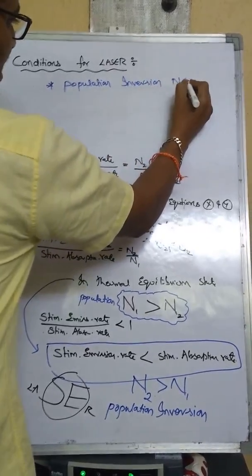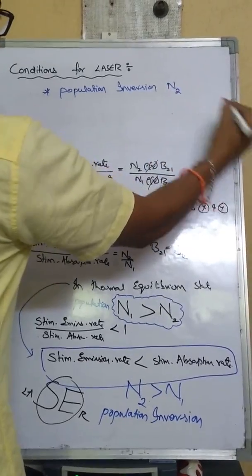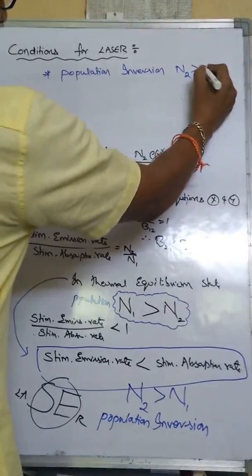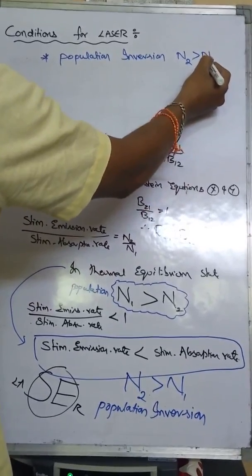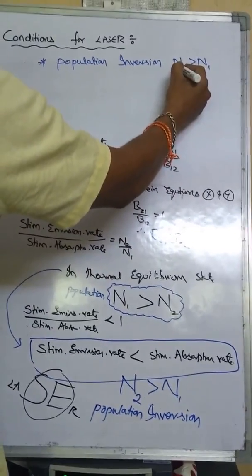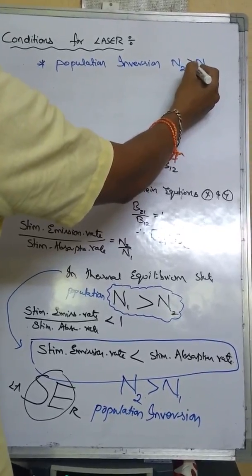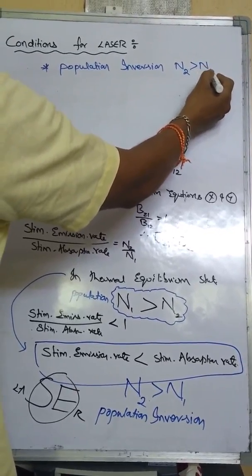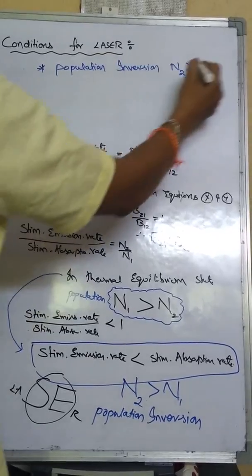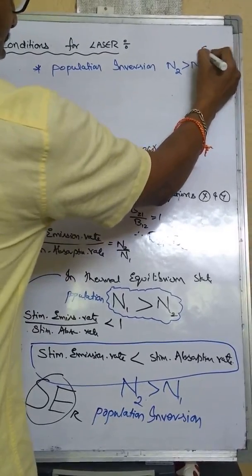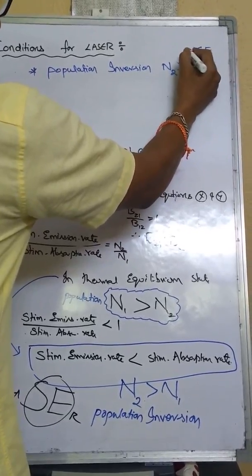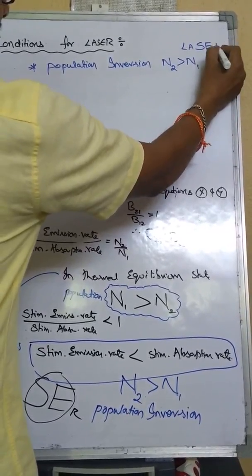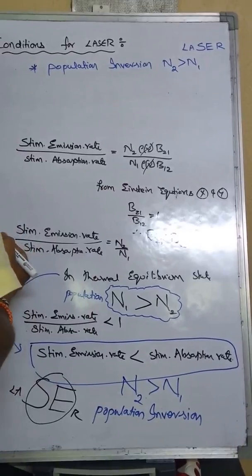That is, you make the number of atoms in the higher energy level more than the number of atoms in the lower energy level. If this condition is met, we get stimulated emission, and if stimulated emission occurs, then we can conclude it as a laser.